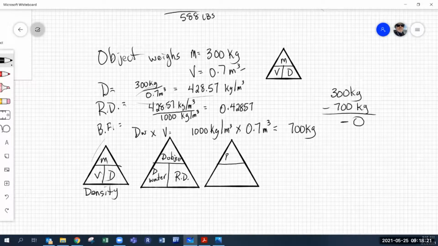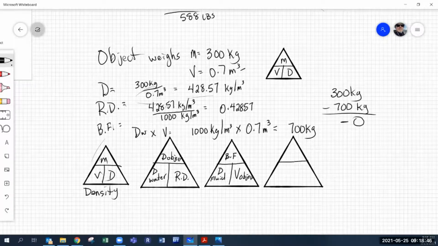The buoyant force is equal to the density of the fluid it's in, water or otherwise, multiplied by the volume of the object. And then one more: if I take the mass of the object and divide it by the buoyant force, that will also give me my relative density.